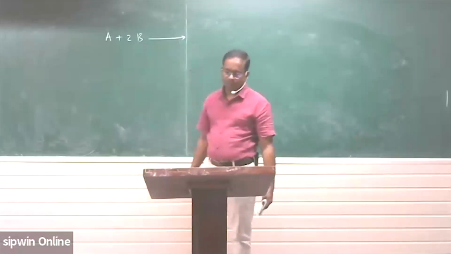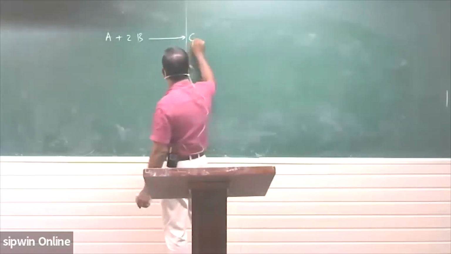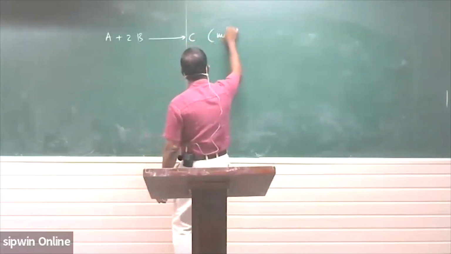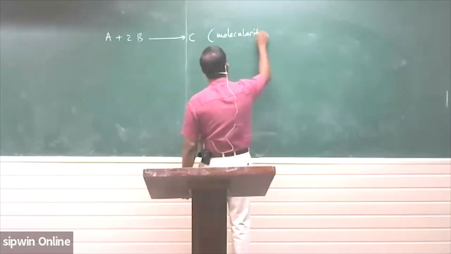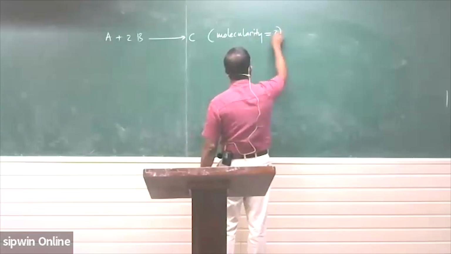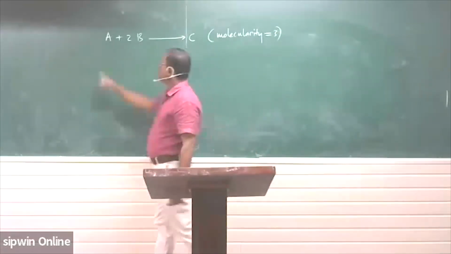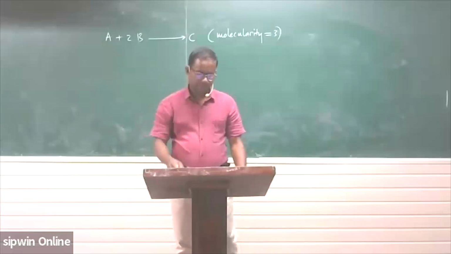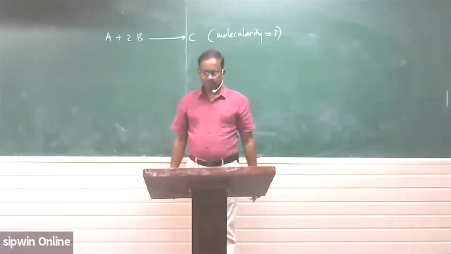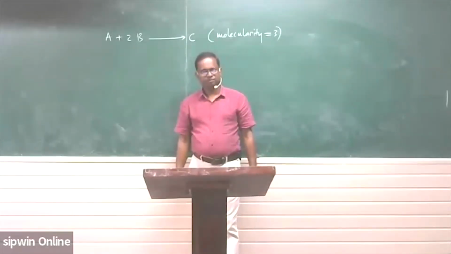Now write this one, A plus 2B into Z. Molecularity equals 3. 1 here, 2 here, therefore it is 3. Right?